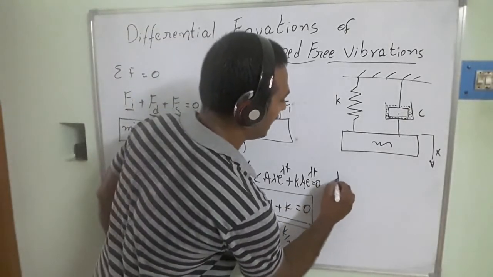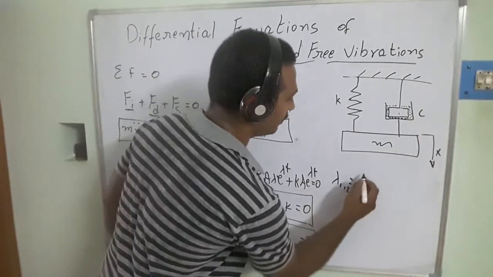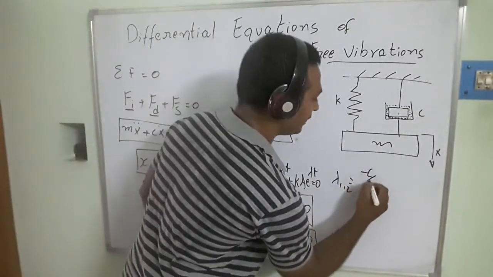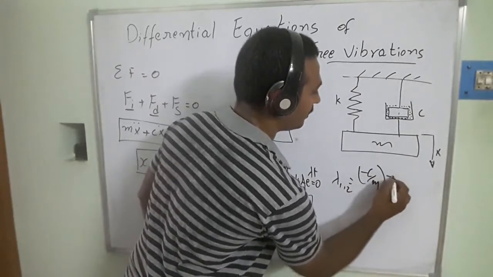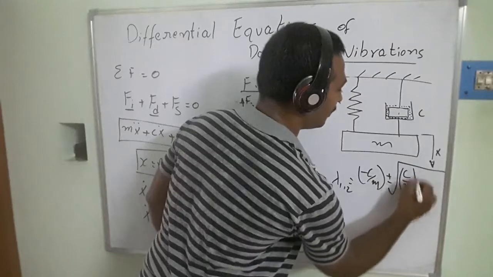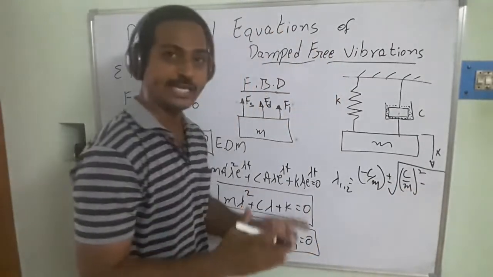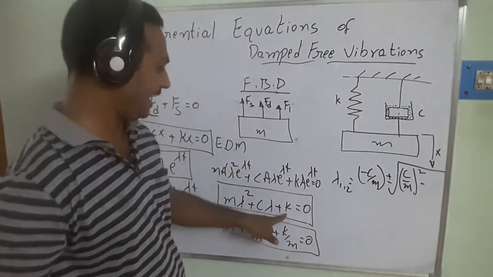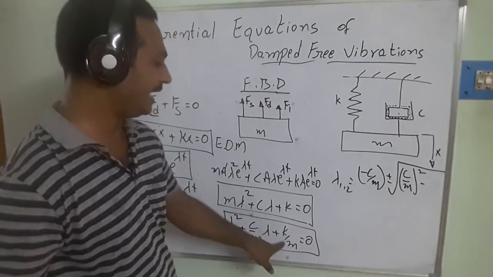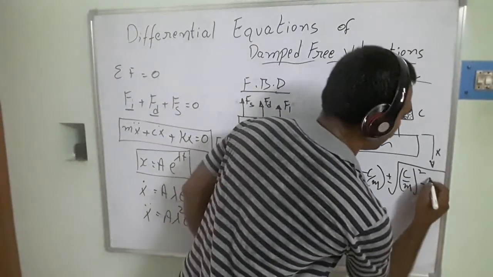By using this, I am going to derive lambda 1, 2, that is equal to, what is the b here? That's minus b, meaning minus c by m, plus or minus square root of c by m whole square minus 4ac. What is the a? Sorry, the coefficient is going to be 1 here, and c here is k by m.